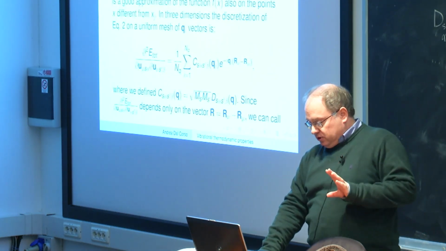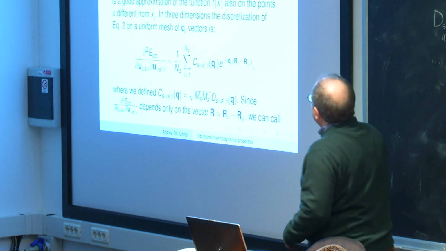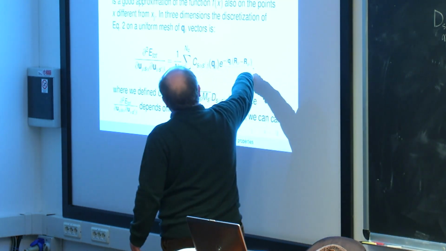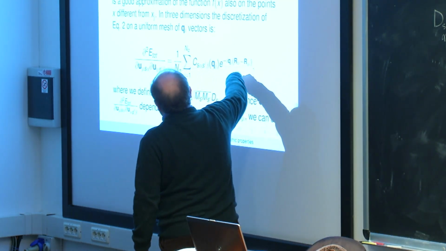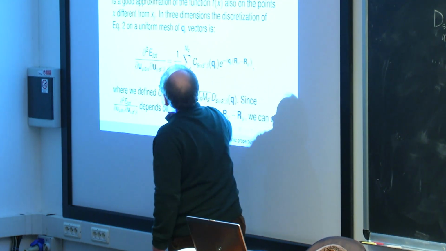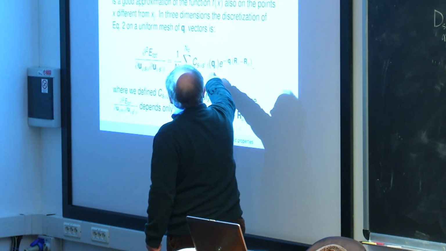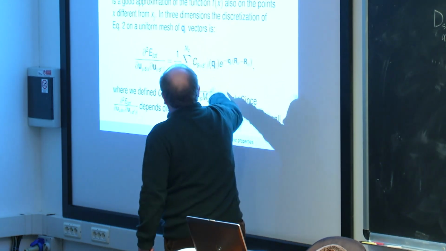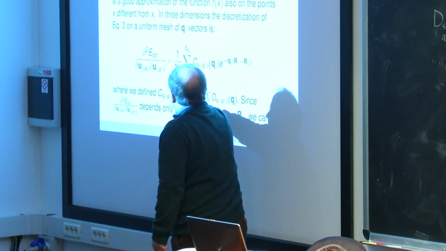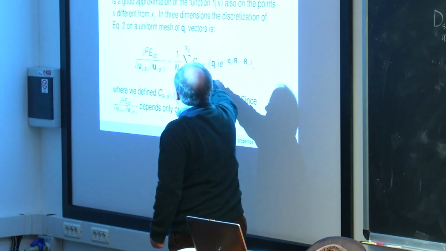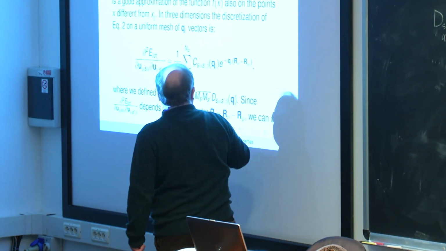So let's suppose that this happens. Then we can approximate the interatomic force constant with a function like this. This C is the dynamical matrix multiplied by the masses, so it will not have the masses.